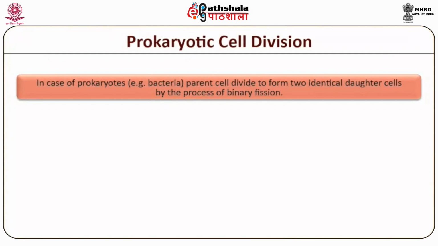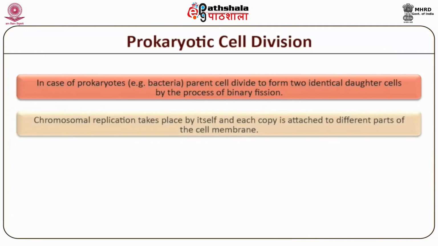First of all, we will focus on prokaryotic cell division. Prokaryotes are simple in their organization compared to eukaryotes. The prokaryotic chromosome is a single DNA molecule. During prokaryotic cell division, firstly, the DNA replicates and forms its copies. Then, each copy of DNA is attached to a different part of the cell membrane.